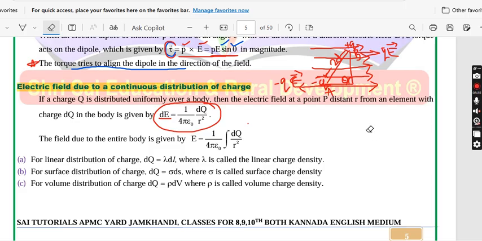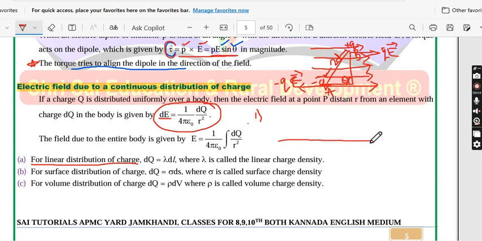So dear students, first of all, let us take an example with linear or one-dimensional distribution of charge. For linear distribution, let us consider a charge uniformly distributed over a line.